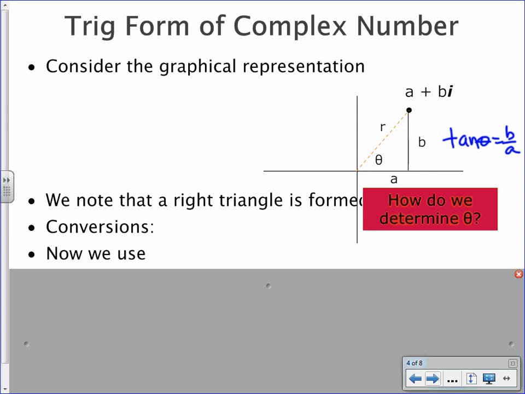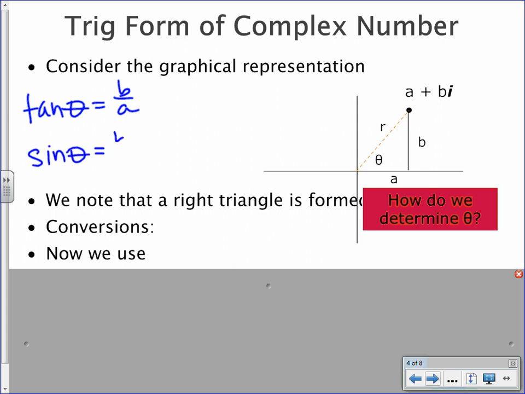Let's set up our other trig ratios. We know the tangent of theta is B over A. What about the sine of theta? B over R. And the cosine of theta?